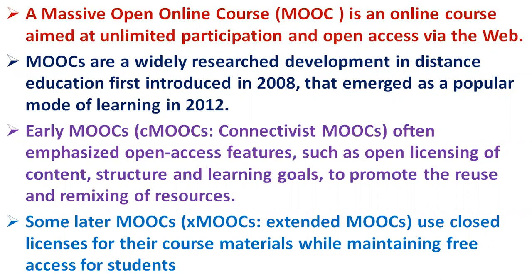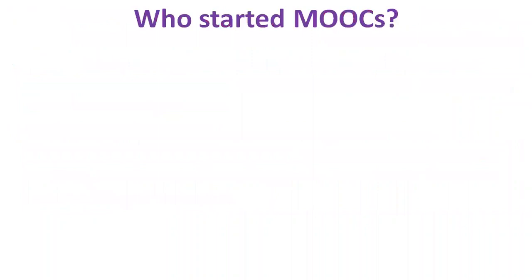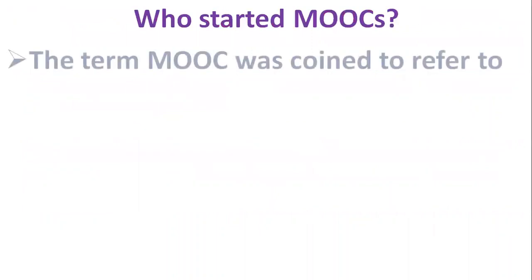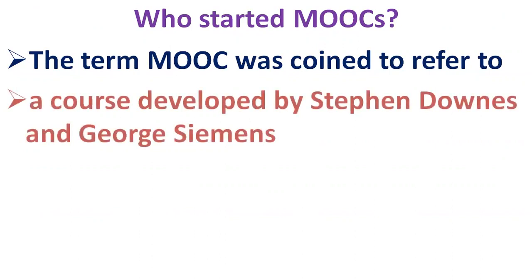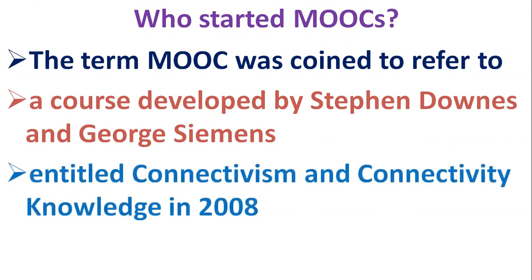Then came the xMOOCs, extended MOOCs, which use closed licenses for their course materials while maintaining free access for students. That's the basic difference. The term MOOC was coined to refer to a course developed by Stephen Downes and George Siemens entitled Connectivism and Connective Knowledge in 2008.